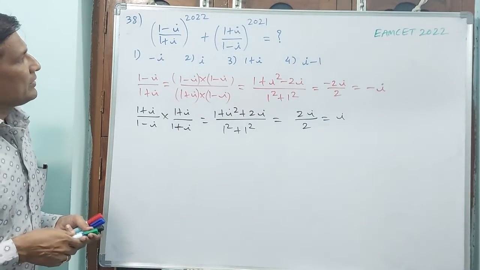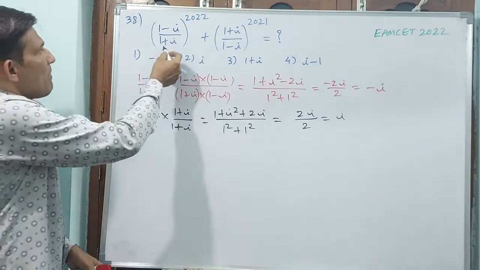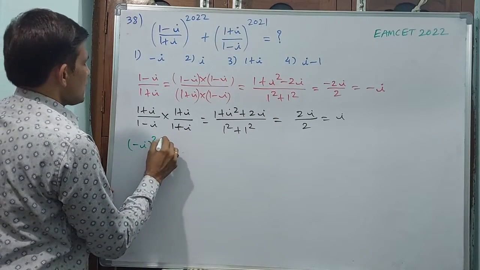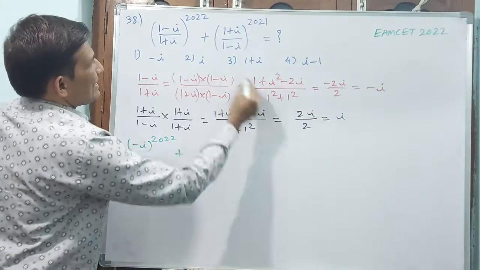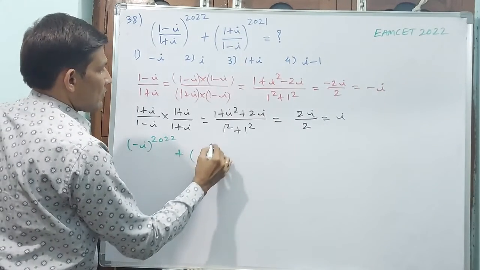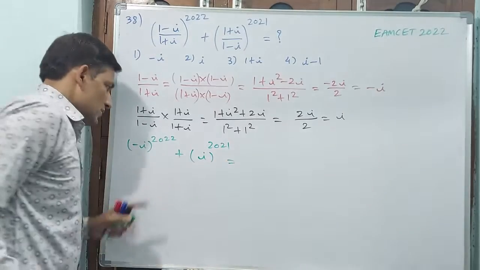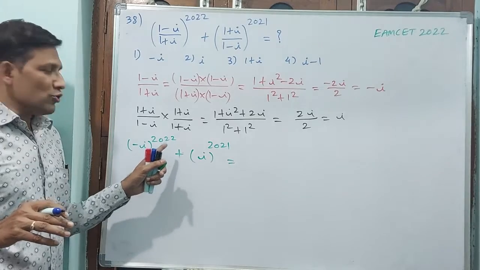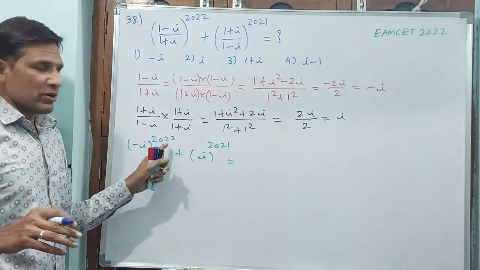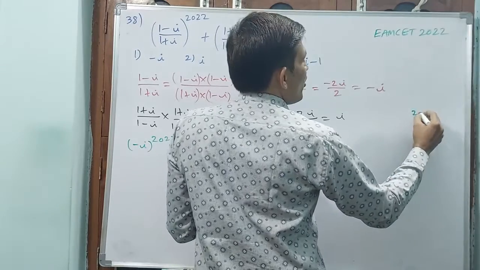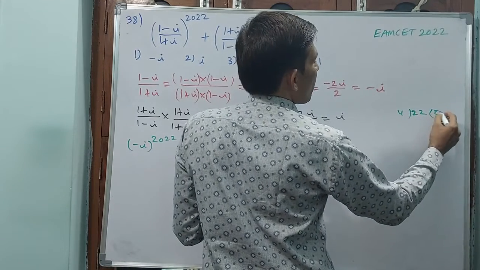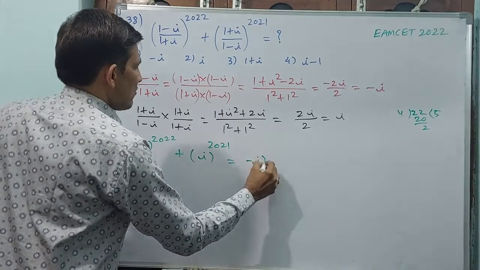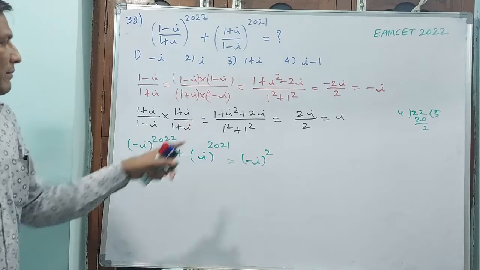Now let us substitute. Minus i to the power of 2022 plus i to the power of 2021 is equal to. You see, 2022 means you need not divide the whole 2022 by 4. You divide only the last 2 digits by 4. 22, if I divide by 4, 4 5s are 20, 2 will be the remainder. That means the first value is minus i all to the power of 2, the remainder.